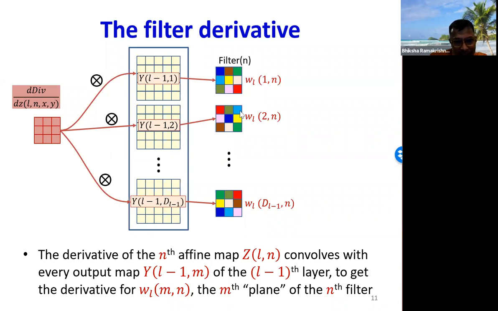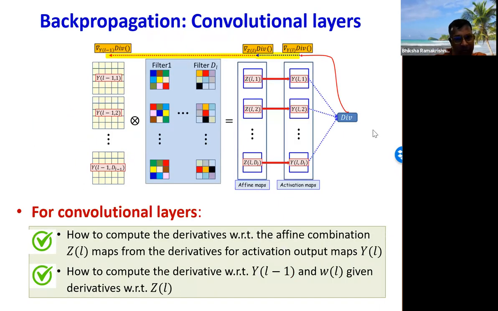And that gave us the derivatives for all of the terms in the nth filter. We would do this for every one of the affine maps in the nth layer, and subsequently get the derivatives for every one of the filters. So we saw this as well in the last class. And so as a result, we have figured out how to do all of this.